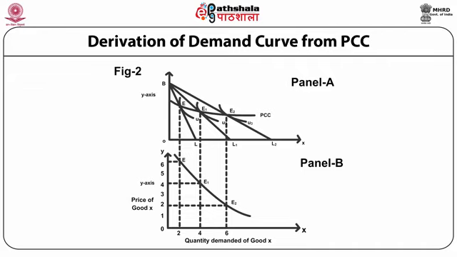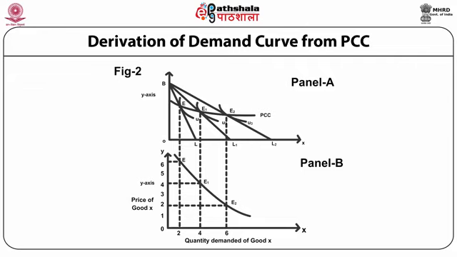So we can see that at point E, 2 units of good X are consumed, at point E1, 4 units, and at E2, 6 units of good X are demanded. Corresponding to points E, E1 and E2 on the vertical axis, price is rupees 6, rupees 4 and rupees 2 respectively.